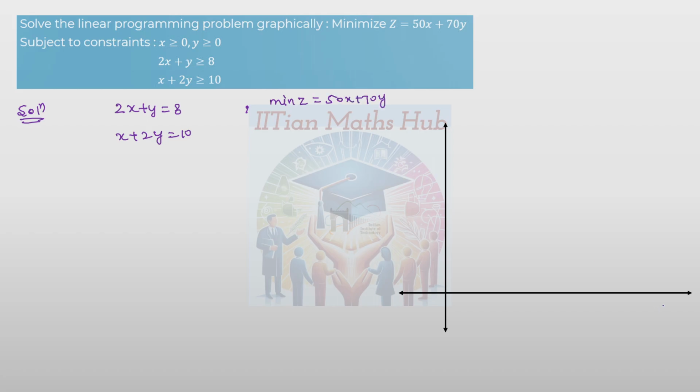Again we will convert these into the double intercept form. Divide by 8 on both sides, and you will get x by 4 plus y by 8 is equal to 1. Similarly for this, divide by 10 on both sides, x by 10 plus y by 5 is equal to 1. So the first line will give you 4 and 8 as intercepts, that is 4 here and 8 here somewhere. So join them.